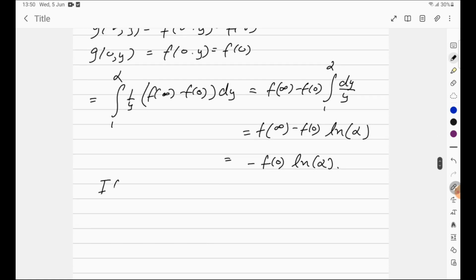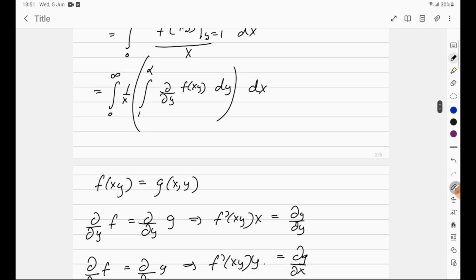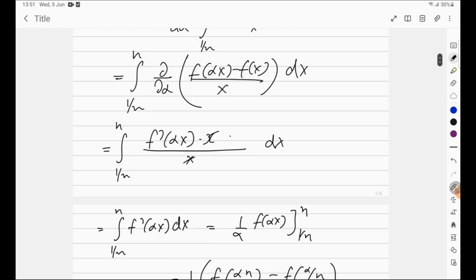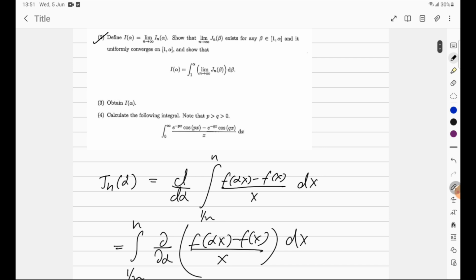So we got this integral I alpha, that's equal to the limit we were finding earlier as n approaches infinity, and that is equal to this. So we have proved this. Obtain I of alpha, that we already did, so this is also done.